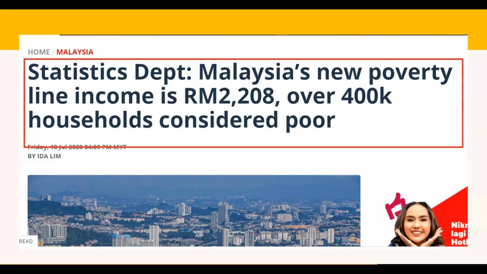And from here, when they revised the PLI, they found that over 400,000 households in Malaysia are considered poor. See the difference? Just now kita kata Malaysia has a very low poverty, but actually when they revised the PLI, it means that almost 500,000 households in Malaysia are considered poor.